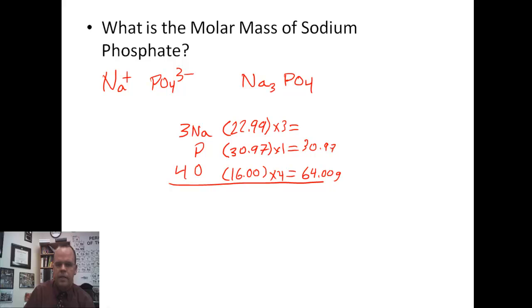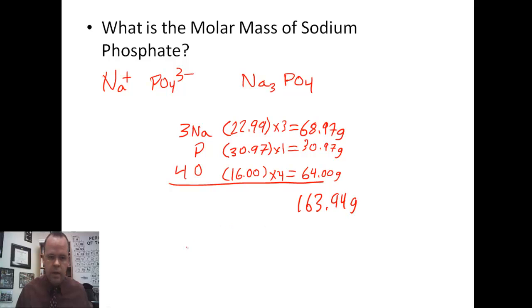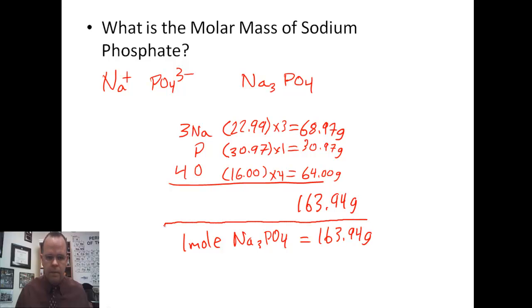This will be 30.97 grams, and sodium, 68.97 grams. So we're going to add the 3 together, and we get 163.94 grams. So 1 mole of sodium phosphate has a mass of 163.94 grams.